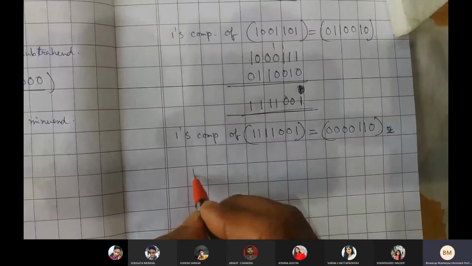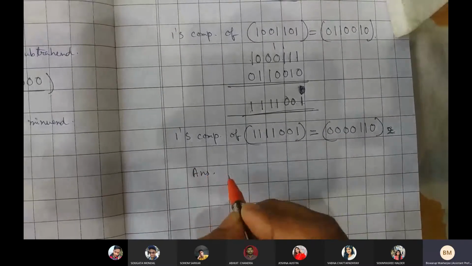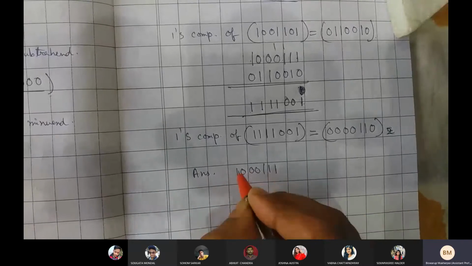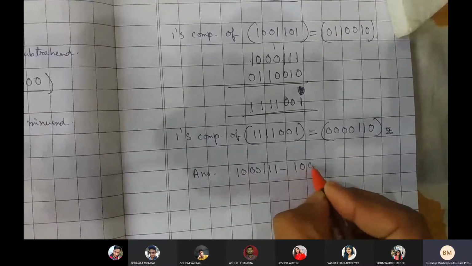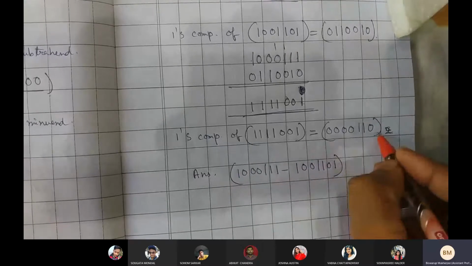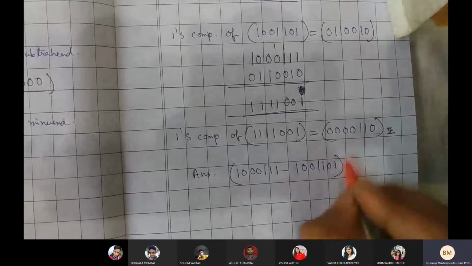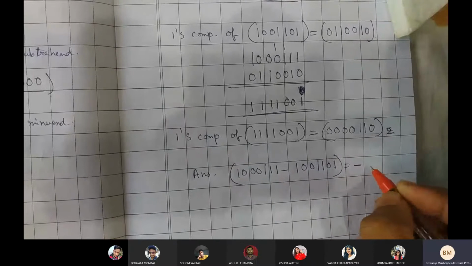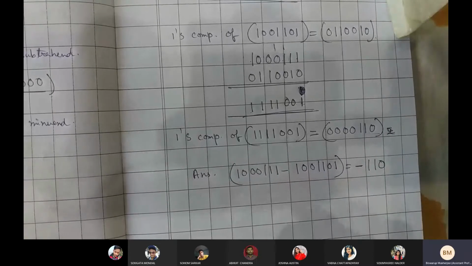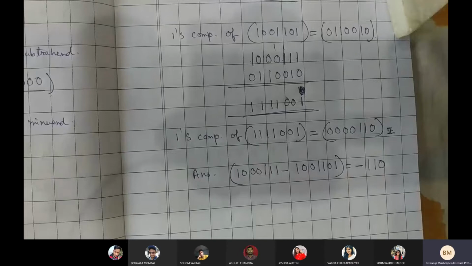So the final result is 1000111 minus 1001101, which is nothing but equal to this result with a negative sign. So I'll be writing down this one as minus 110, right? So this result with a negative sign. Am I clear on this one?